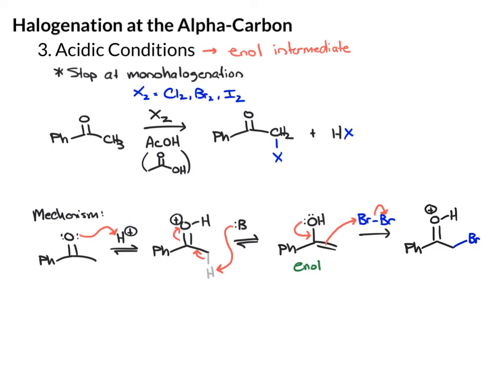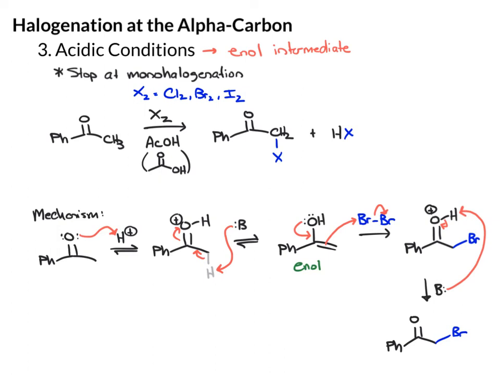And then just use a base to take that proton off. And there's our product. So in this case, we get the alpha halogenation product.